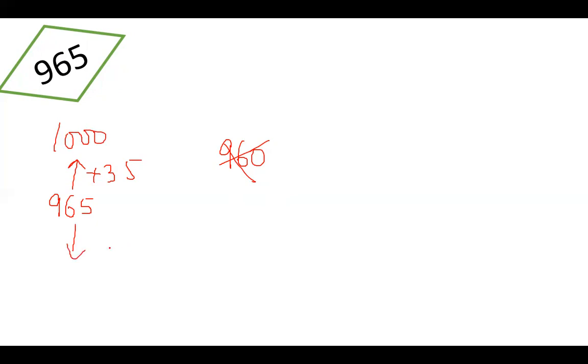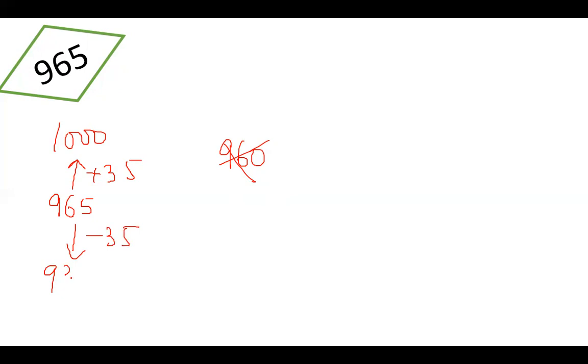Now move on to another number which is much larger, and this is going to be a little bit more of a learning experience for you. Suppose I add and subtract 5, then the numbers will not be so simple. So what I'm going to do is, I'm not going to take 960, rather I'm going for a big jump. So 965, then I will add 35 to move on to the nearest, and that is 1000, which will be very easy to multiply with. Then I have to subtract again 35.